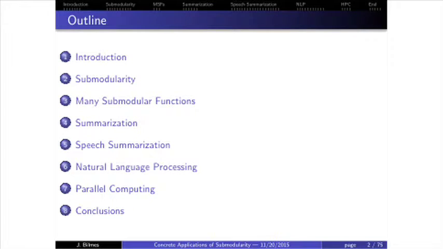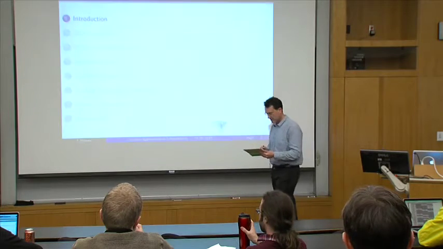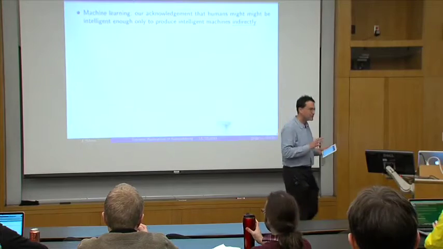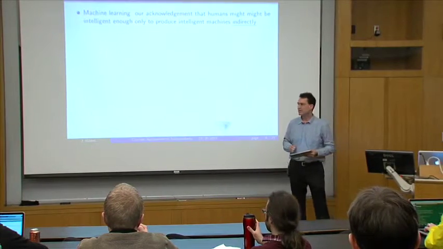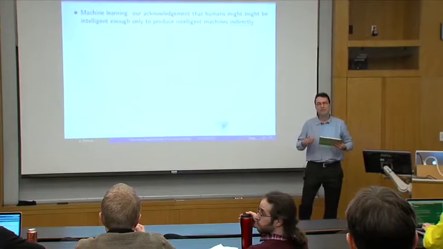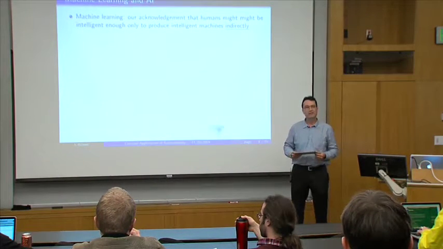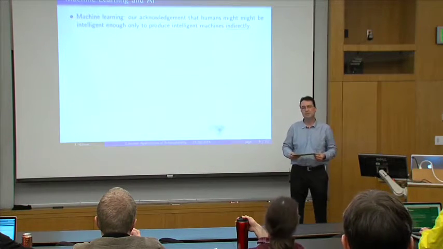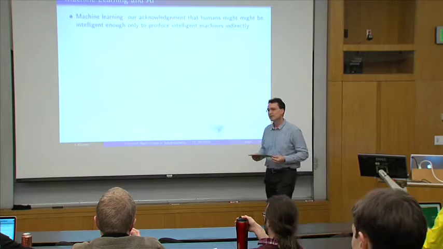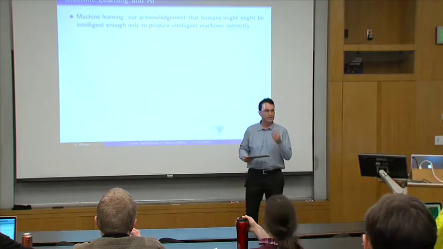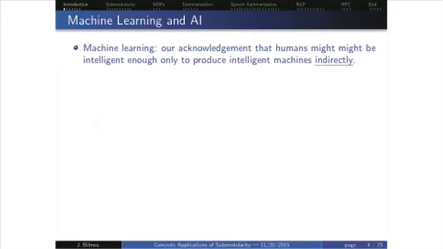So here's an outline, and we'll be coming back to this outline every so often, starting with the introduction. First of all, I just want to start with my belief about machine learning and artificial intelligence. This goes back to the 1950s, 60s and 70s, when people were trying to build computational systems that acted intelligently by using a large number of explicit rules.